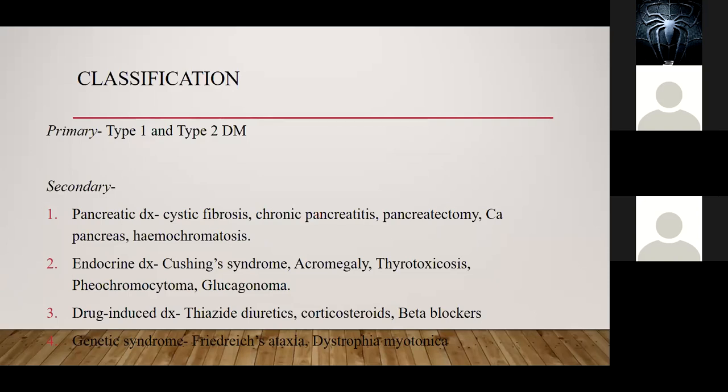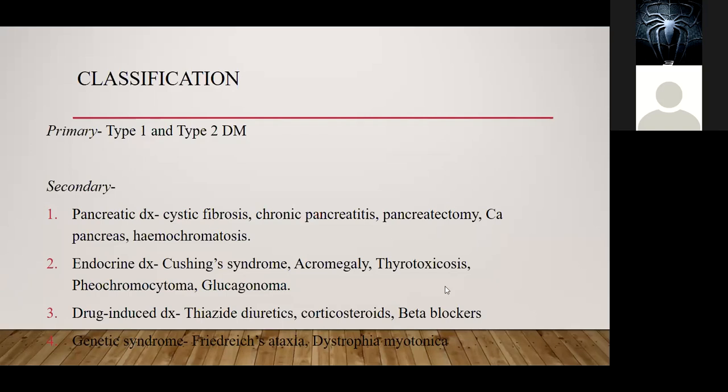The same goes for acromegaly, which is due to excess growth hormone. As you know, once growth hormone level goes up, sugars will go up and you tend to have chronic hyperglycemia. Excess thyroid hormones also have an opposing effect to insulin, and that will also cause your sugars to go up.